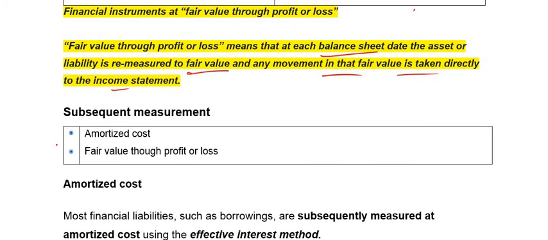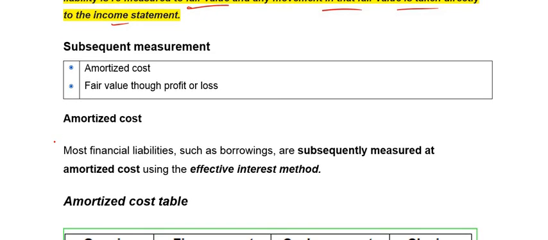Subsequently, financial liability measured at amortized cost is what we normally do. And if there is some asset which you have to measure at fair value to profit or loss at initial recognition, and you take some loan, then to avoid mismatch, you should also measure that at fair value to profit or loss.